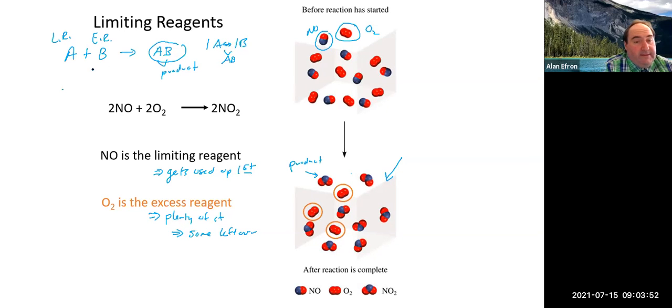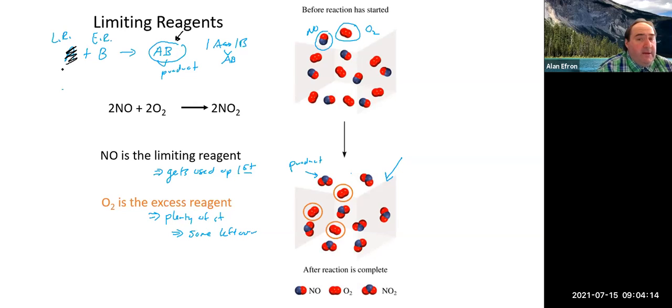The problem is that when our limiting reagent runs out, we no longer have any A, which makes it absolutely impossible to make product at this point. You can make a lot of B's, but you can't make an A and a B because you no longer have any of that reagent.